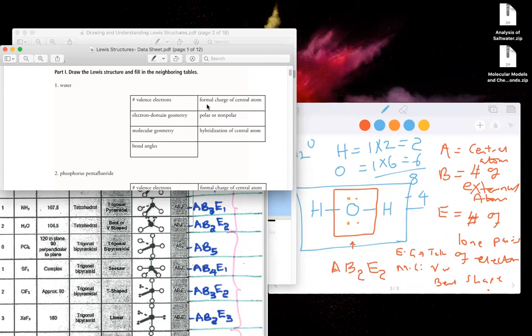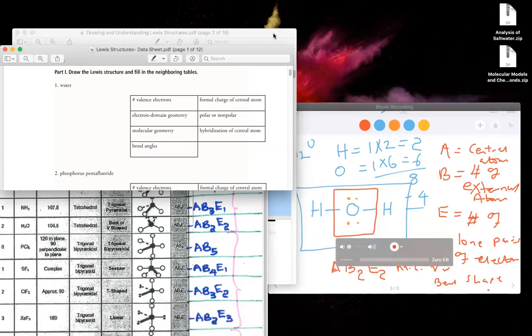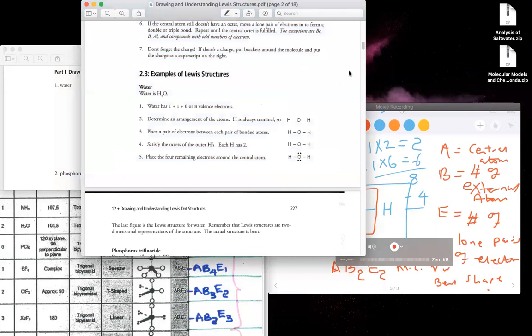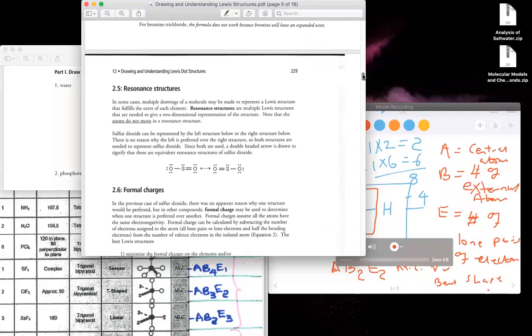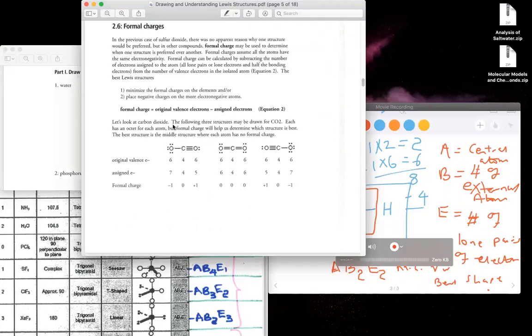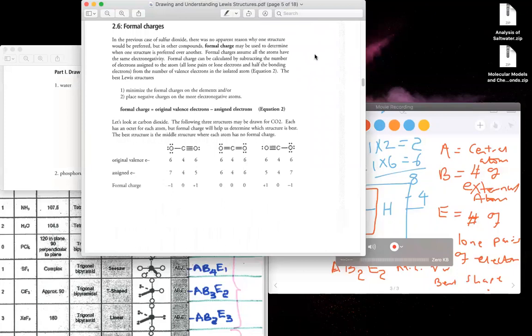Now for formal charge. There is an equation in the lab manual, which I will rewrite. When you have resonance structures, you can use the formal charge. This equation given here, you can use to derive the formal charge of your compound.